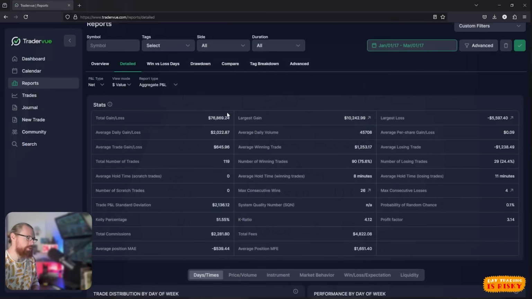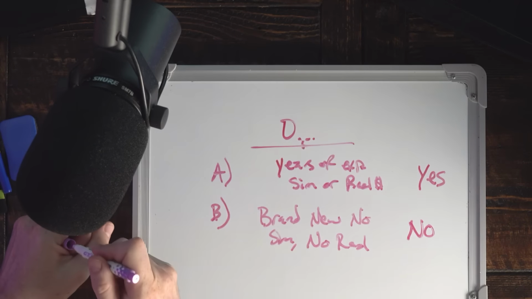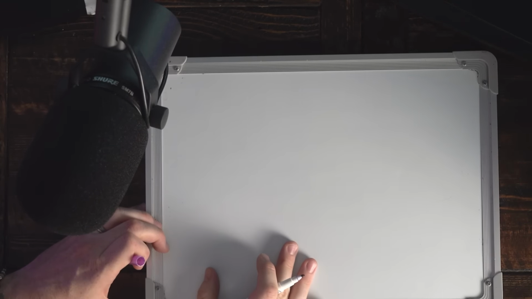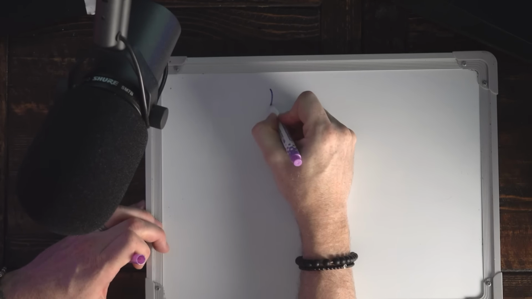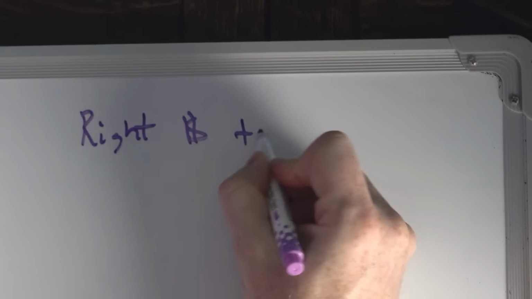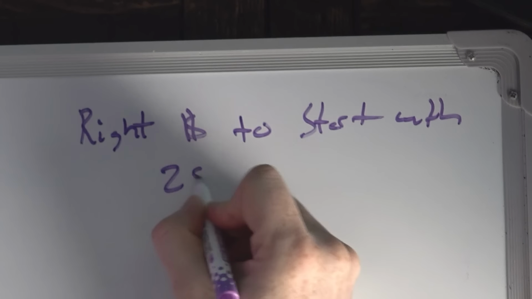So as you saw for me, there's really no question that the offshore broker was the right choice for me. But what I think is a small account is important for proof of concept. So I'm going to make an argument here that the right amount of money to start with is $2,500.